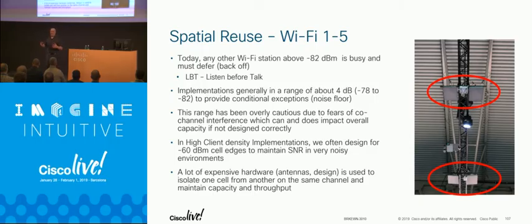because OFDM is so rigid and Wi-Fi is so rigid, LBT, or listen before talk, my contention threshold, the mechanism that says, look, I'm not going to talk over you, we're going to take turns, right? That method today, if anything's over minus 82 dBm, by law, I'm supposed to clamp down and not transmit, right? In reality, in this very hall, we are a lot closer than that, and in high client density, we're designing cells for minus 60, right?